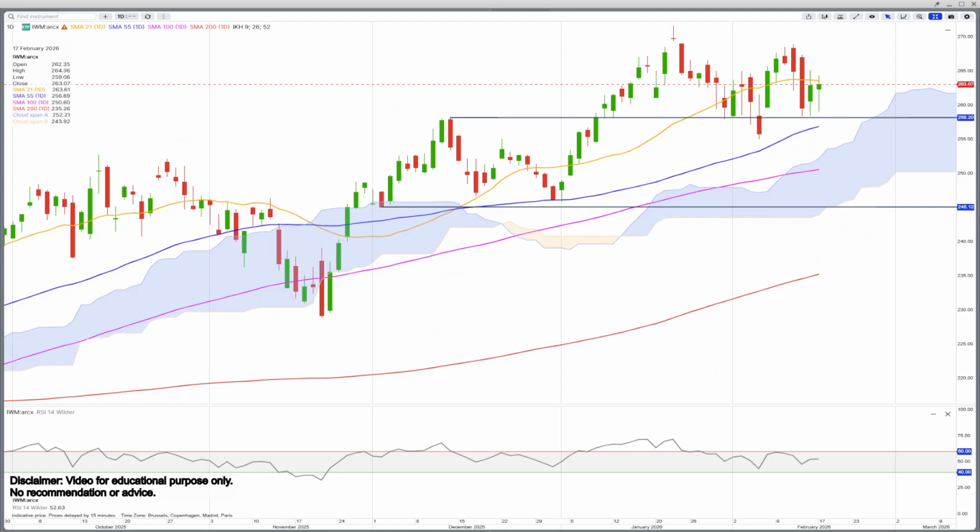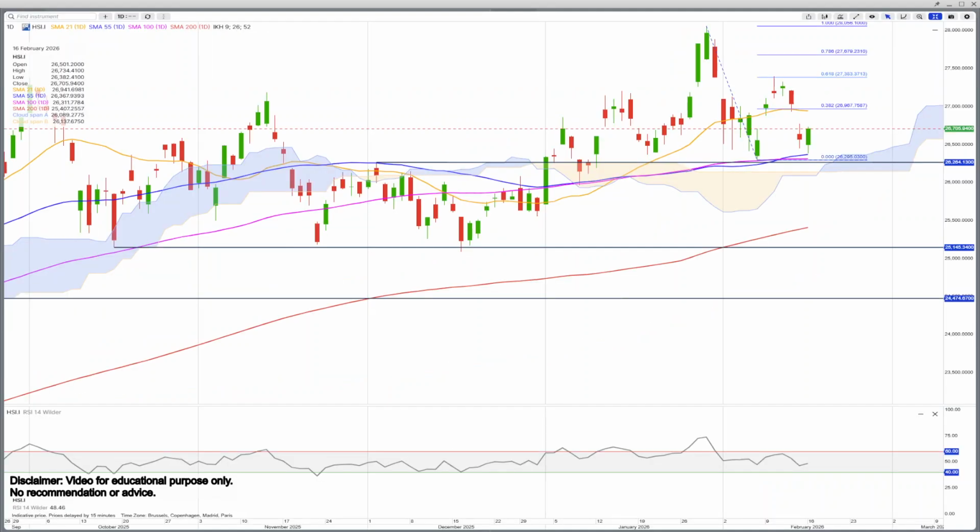The small cap index didn't do much either. Actually, it made a new high, then a lower high, so it has kind of indicated that it could push into a negative or bearish trend, but the RSI is still in a positive sentiment.